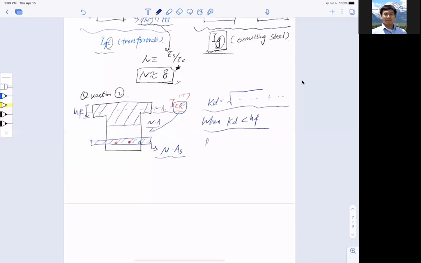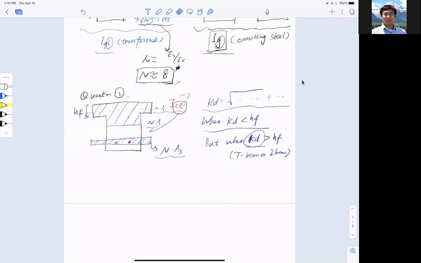But when kd is no longer within the flange, say bigger than hf, then you might not use kd for the calculation for a T-beam. For a T-beam or I-beam, you cannot use kd anymore. So the question is, what can I use for that? Simple.